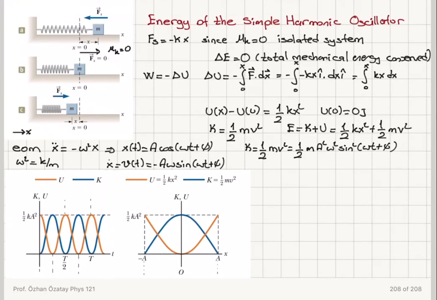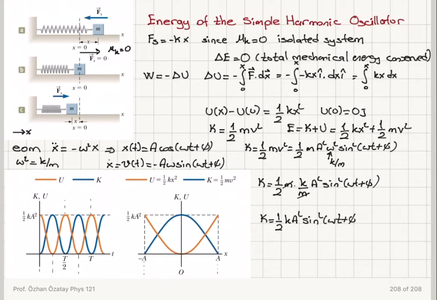And remember this omega was defined as omega squared is equal to k over m. If I substitute k over m for omega squared here, the kinetic energy component becomes 1 over 2 m k over m a squared sine squared of omega t plus phi.